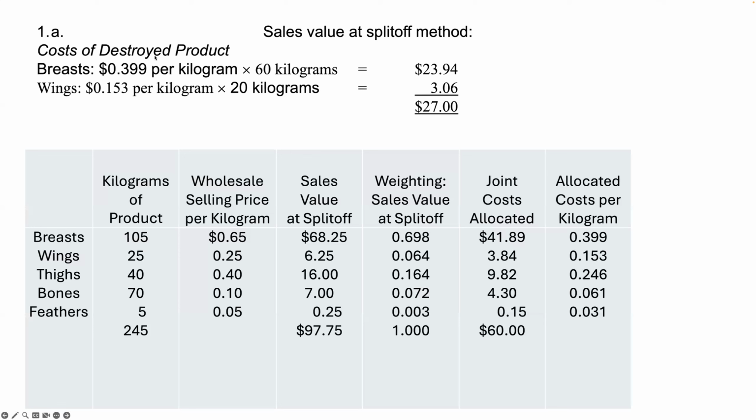This is the method we are using, the sales value at split-off point. We use this information to calculate the percentage, then multiply the $60 joint cost by the percentage. Different methods will get you a different percentage. So this first question uses the sales value at split-off method: we calculate the sales revenue at the split-off point, and then we calculate the percentage.